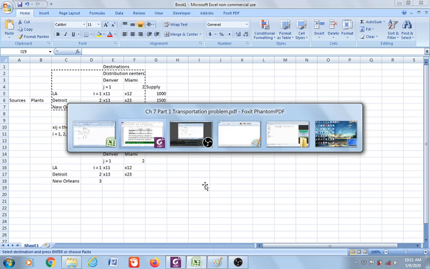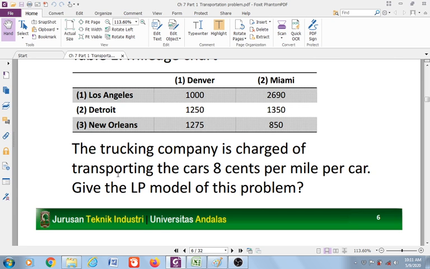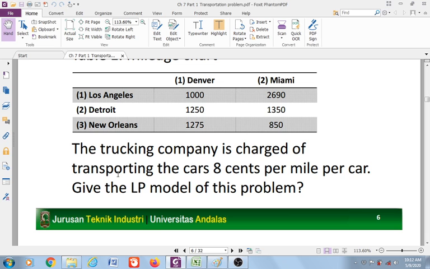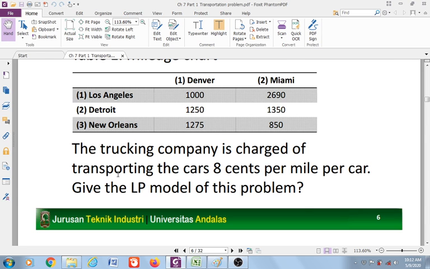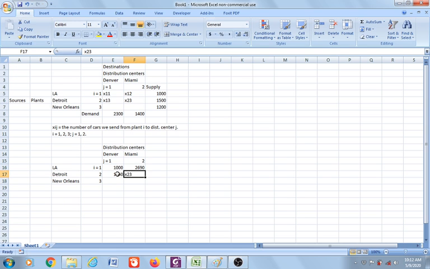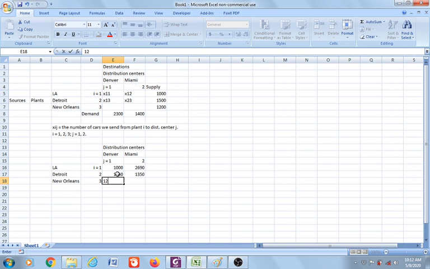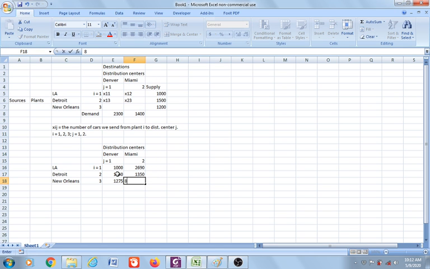Okay. So we have the distance data. This is 1000. It is 2690, and 1250, 1350, 1275, 850.